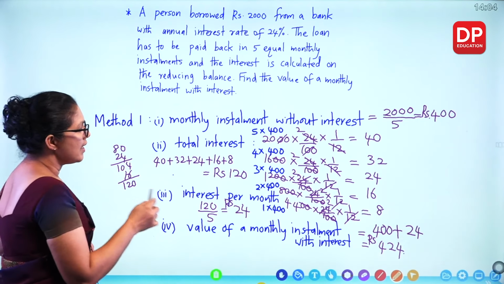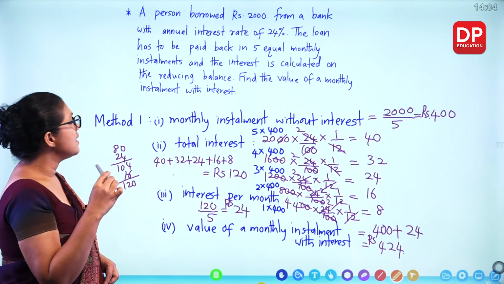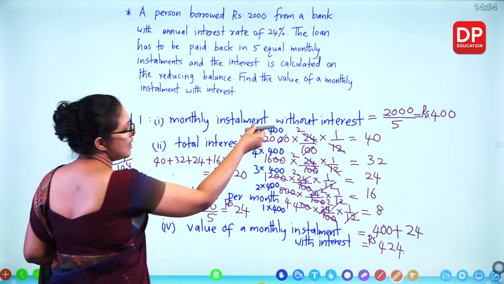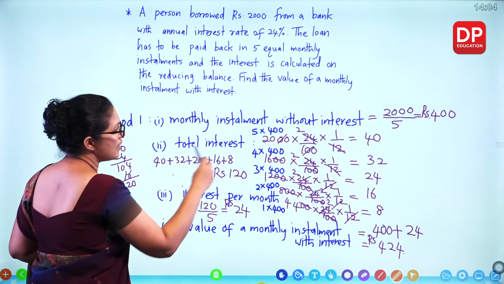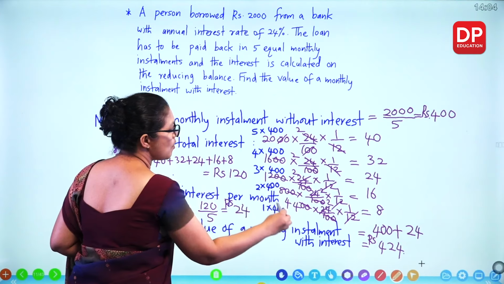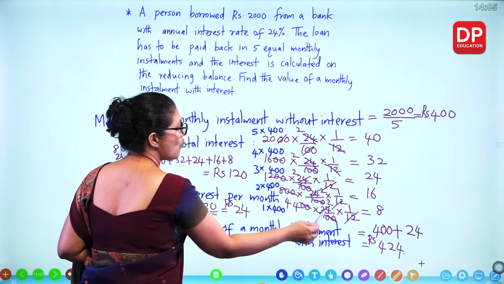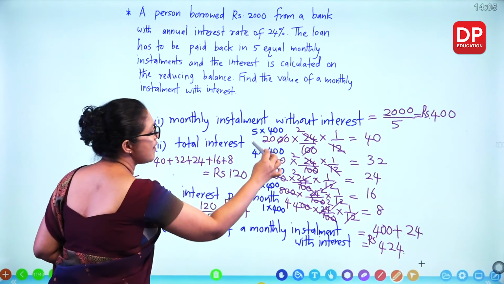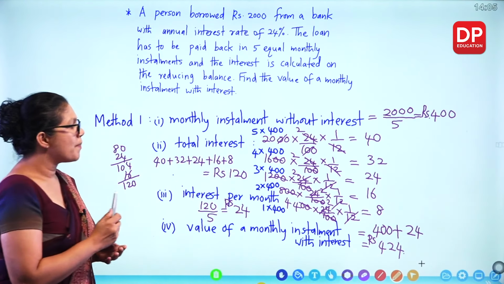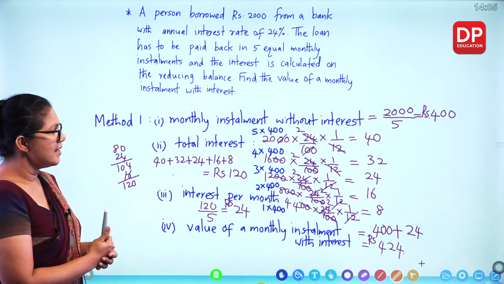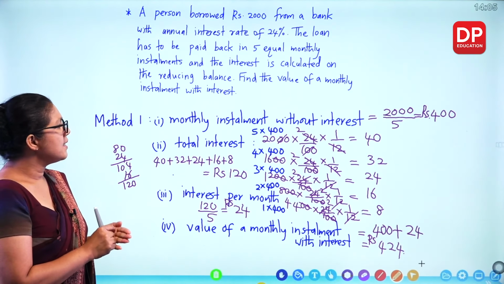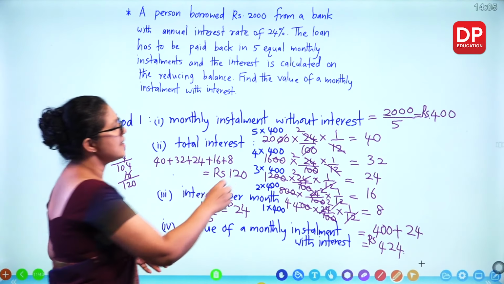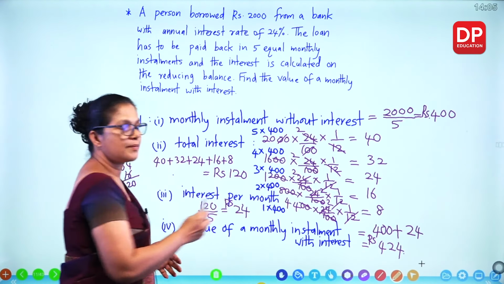Now, without calculating the interest separately, if I can find a formula. See, when you take this, 24/100 into 1/12 is common. So I can rewrite this as 5 plus 4 plus 3 plus 2 plus 1 into the monthly payment is the answer, the total interest.